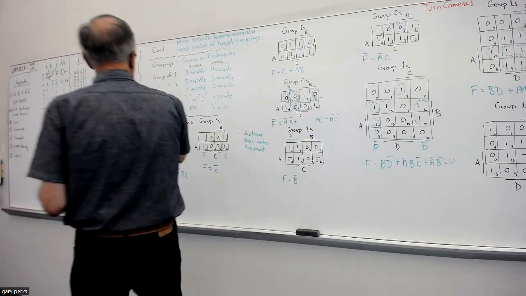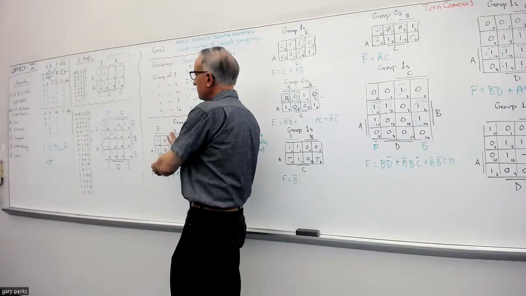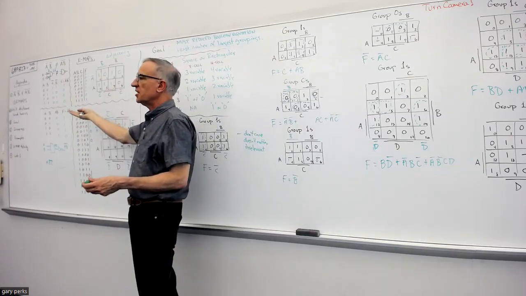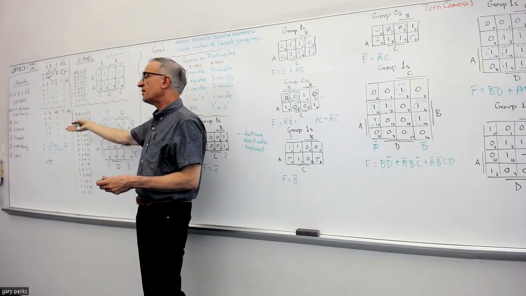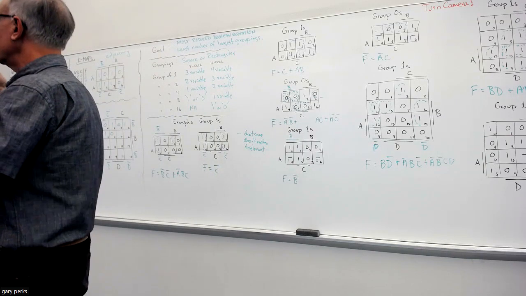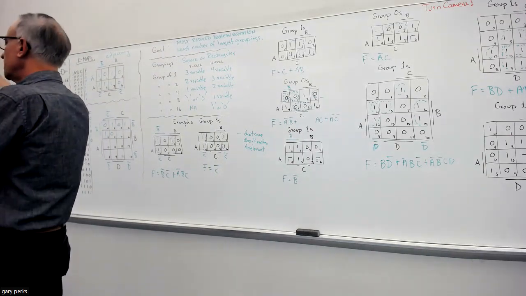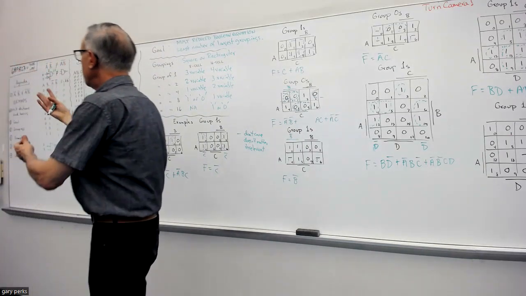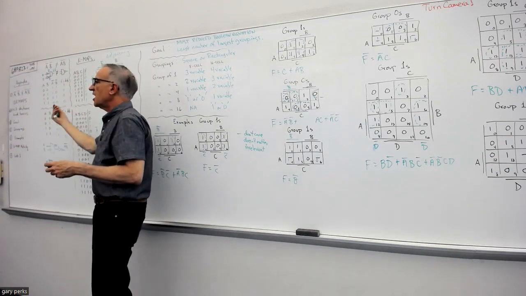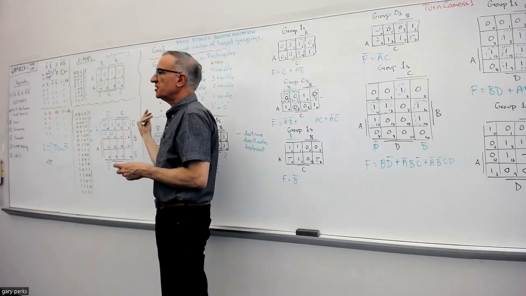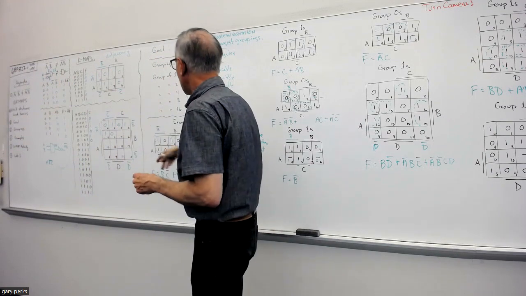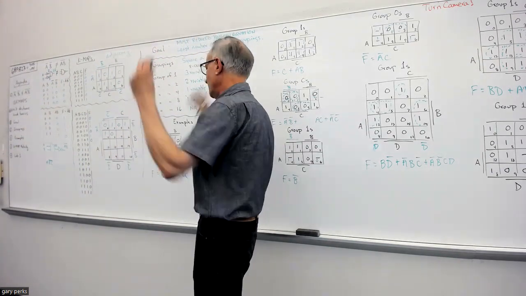Well, these are all just examples, and where these typically come from is a truth table. In fact, in lab 1, that's what you're going to do, and we'll look at it in detail coming up. In lab 1, you're given a word problem. You take the word problem, put it into a truth table, and then you put the truth table into the kernel map, and you use that to get the reduced expression. So these are all random examples I made up.